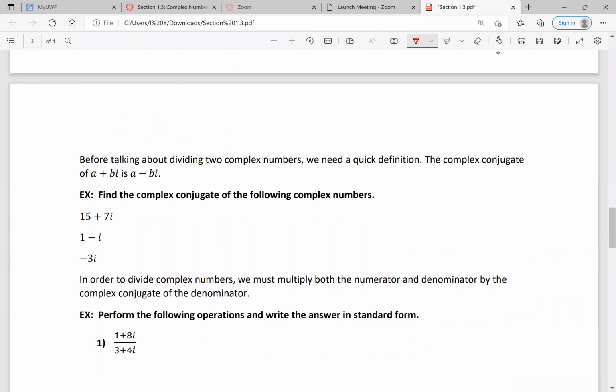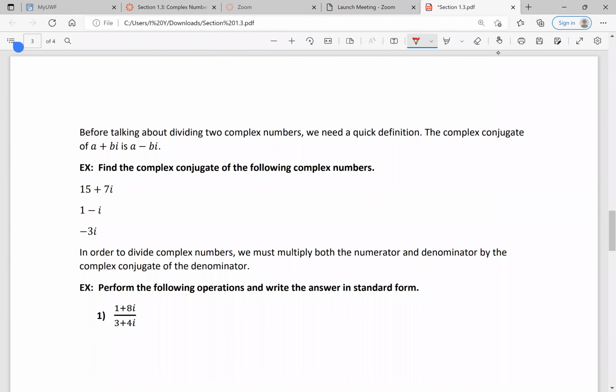Okay, so division is a little more complex than this. If we're talking about dividing two complex numbers, we need a quick definition. It's called the complex conjugate of the complex number, such as a plus bi, and it is simply a minus bi. So looking at these three choices here, essentially what we're doing is taking whatever the b term sign is and changing it.